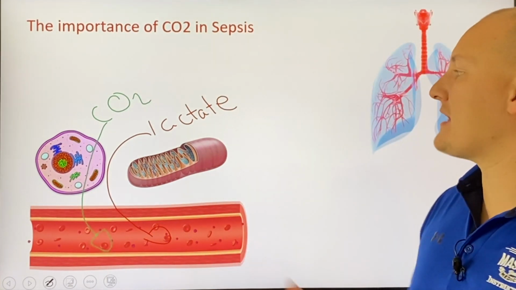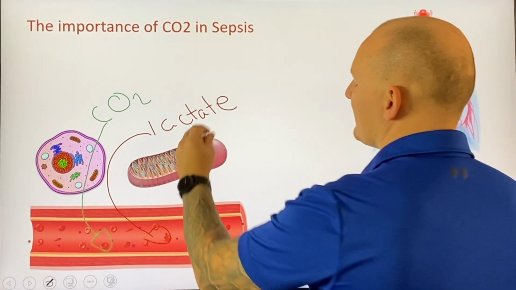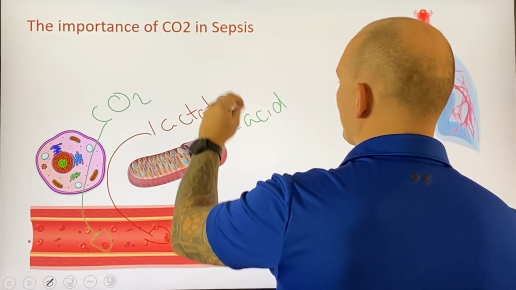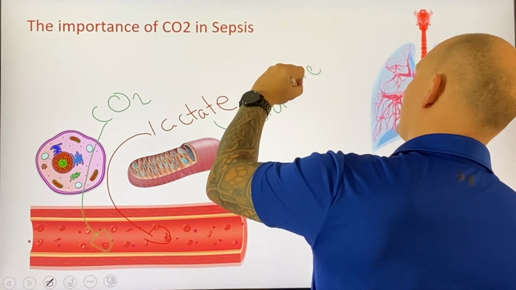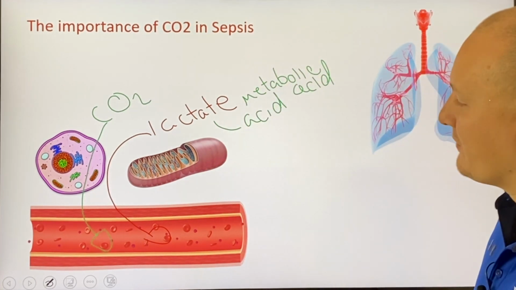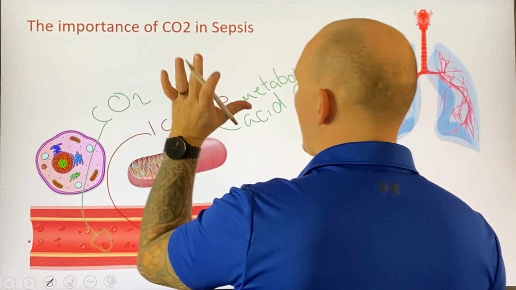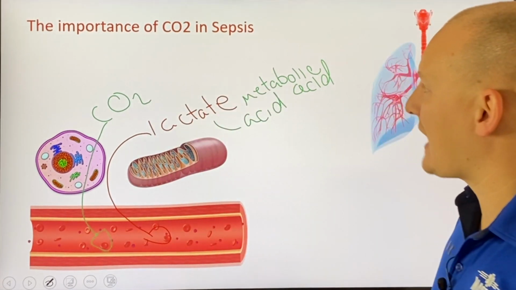We know that's how that occurs if you understand the basic physiology. But the problem is that lactate is an acid, and that lactate is going to create a metabolic acid. That's going to be a big problem. So we have an elevated CO2 in the blood, and we have a lactate that is also in the blood that's creating your metabolic acidosis.